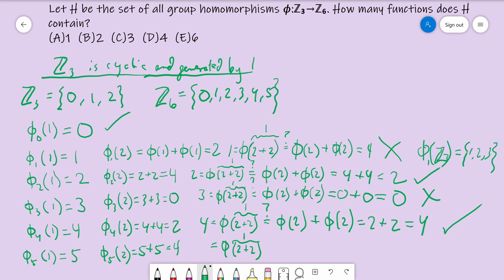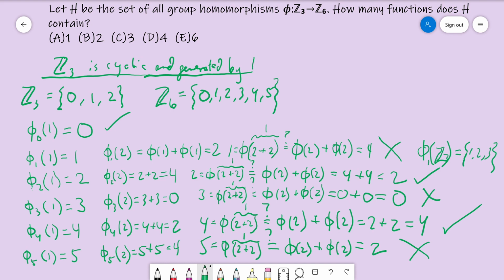So phi of 1 is supposed to be 5. Now the question is, is that the same thing as phi of 2 plus phi of 2? Well, phi of 2 is 4, so 4 plus 4 is 8, which is 2 in mod 6. So this is not a homomorphism because 2 is not equal to 5 in Z6.